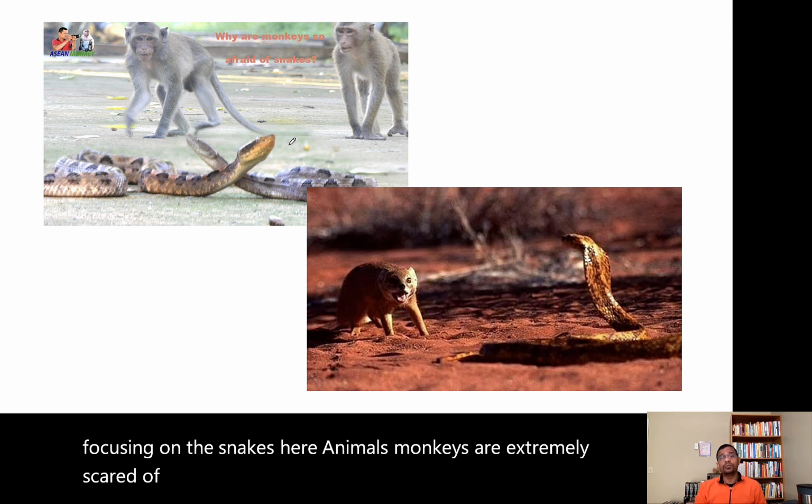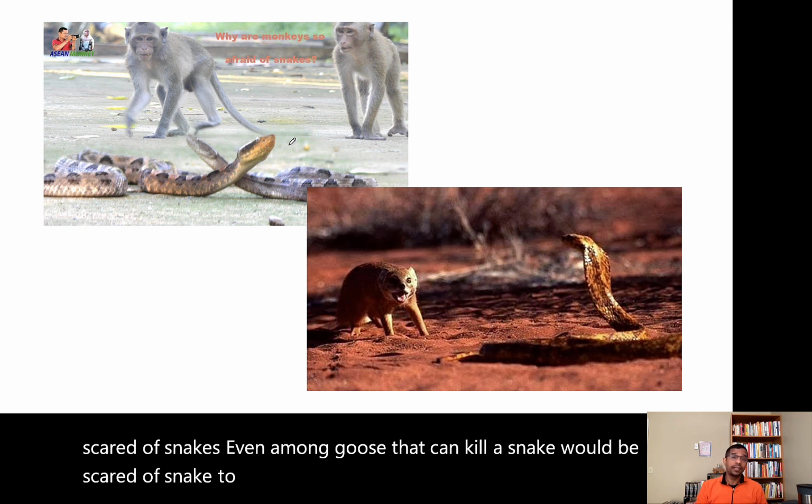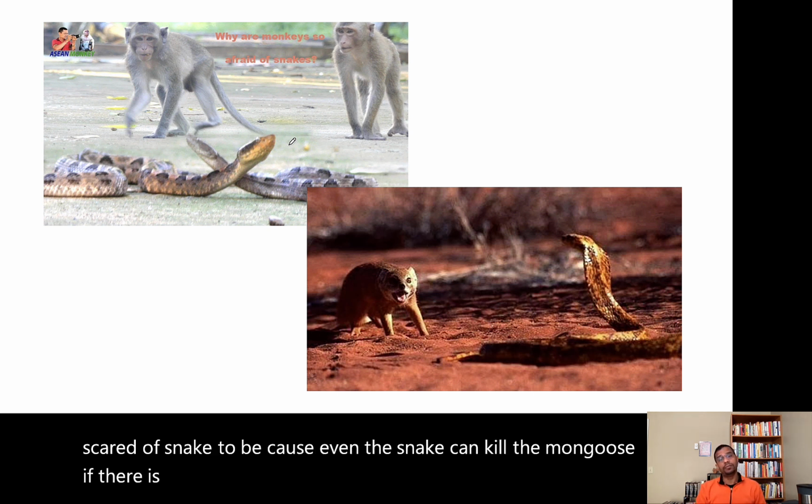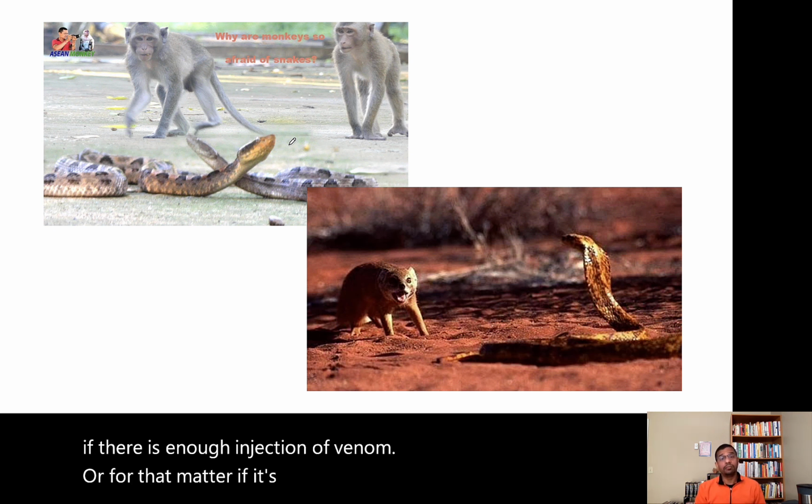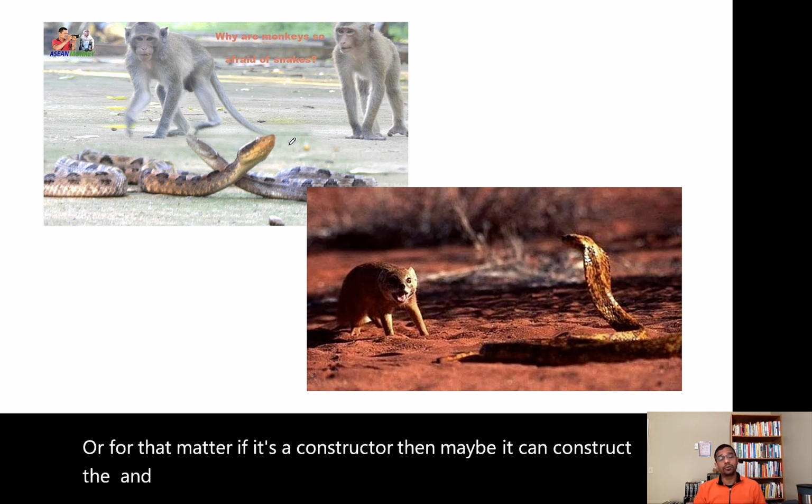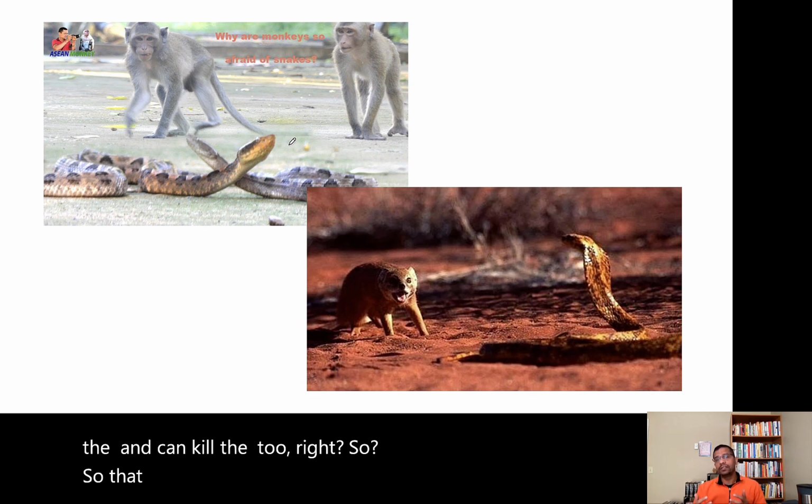Even a mongoose that can kill a snake would be scared of a snake too, because the snake can kill the mongoose if there is enough injection of venom, or for that matter, if it's a constrictor, then it can constrict the mongoose and kill it too, right?